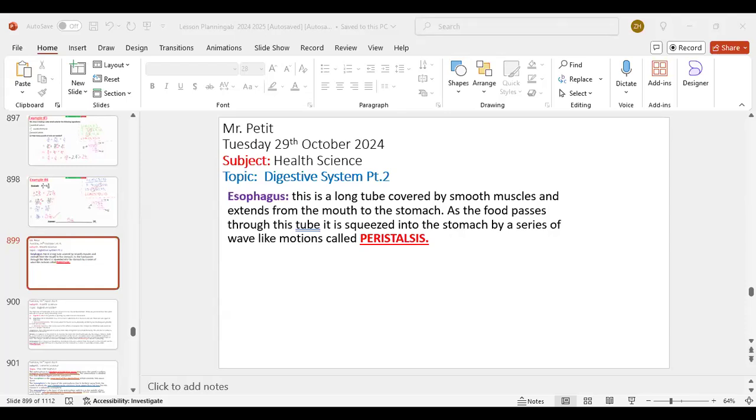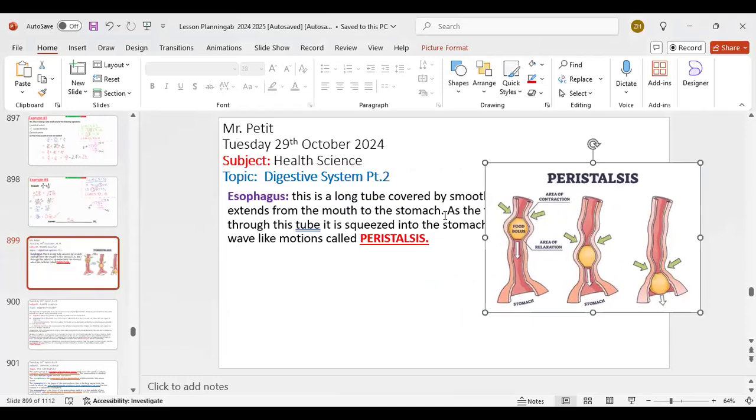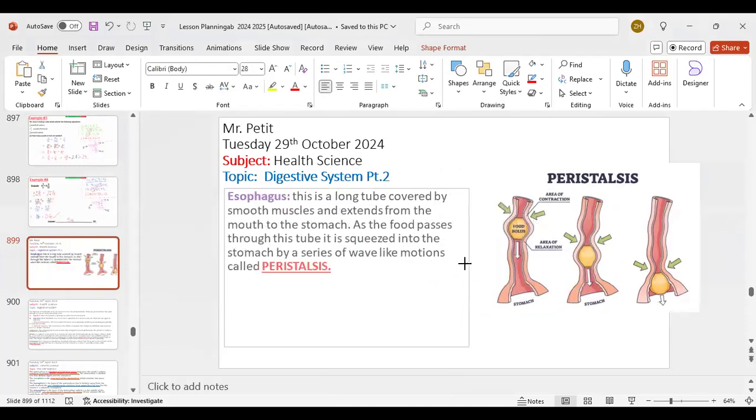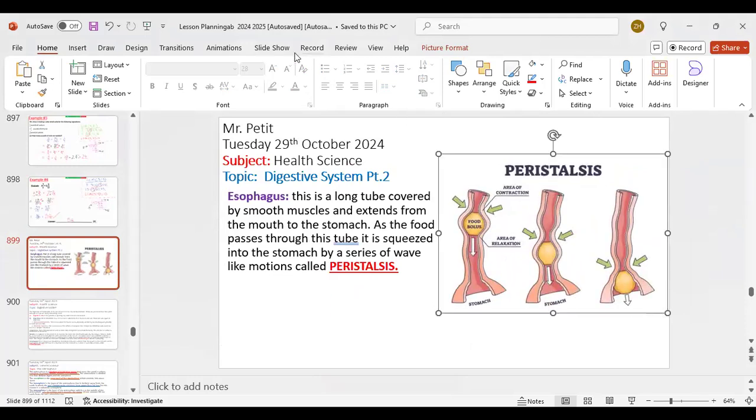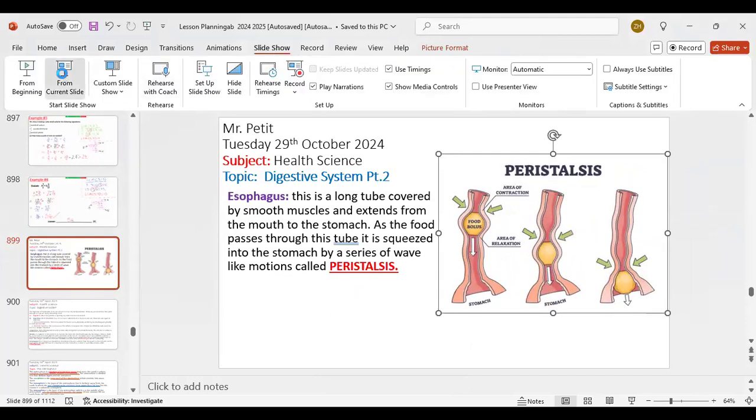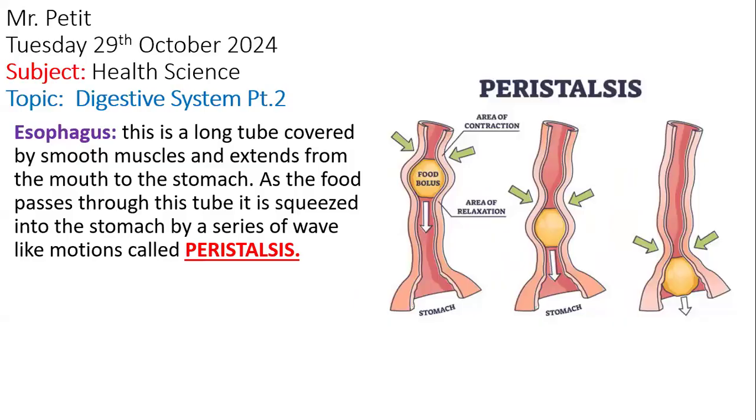When food is balled up into a ball, what do we call that ball? A bolus. And this is peristalsis, right? Peristalsis is basically when it squeezes it and allows it to go down, and then squeezes it again and allows it to go down.